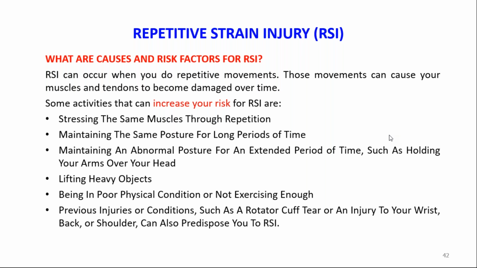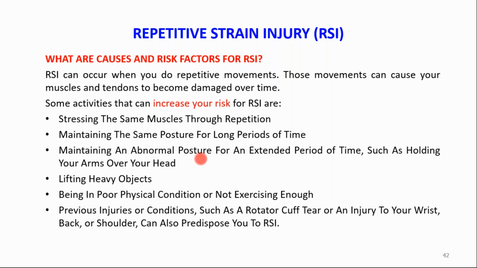Some activities that can increase your risk of RSI are stressing the same muscles through repetitions. So if you are using the same muscles for the same activity and more repetitions are there, then you may be at higher risk. Maintaining the same posture for long periods of time, you may be at higher risk.